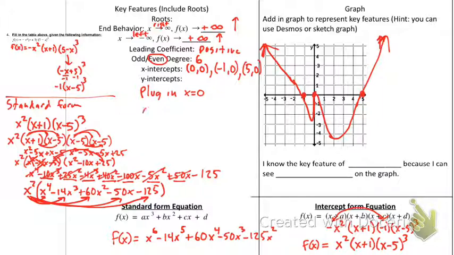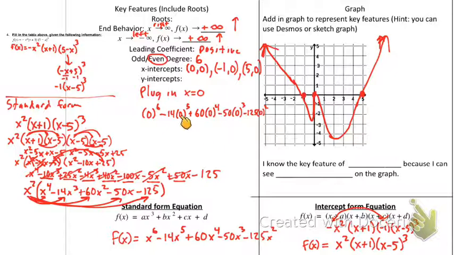So we have 0 to the 6th power minus 14 times 0 to the 5th power plus 60 times 0 to the 4th power minus 50 times 0 to the 3rd power minus 125 times 0 to the 2nd power.